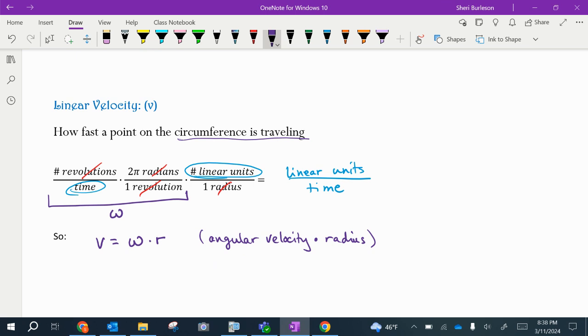Now, I like to set up the entire calculation and not find angular velocity first. But if I had already found the angular velocity, I would not need to recalculate it when I am finding linear velocity.